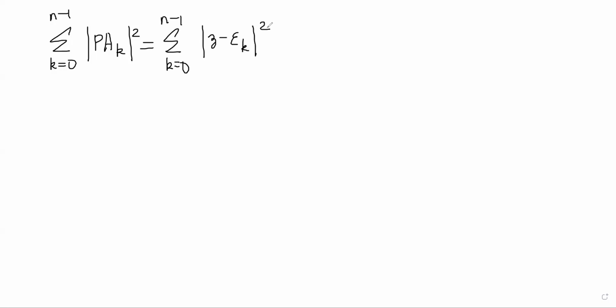So we need this summation, mod of PAk whole square. That is basically the summation k equal to 0 to n minus 1 of mod of z minus ek whole square. That is equal to, we'll use the property that mod z square is equal to z into z conjugate. So this is like this, times z conjugate minus ek conjugate.